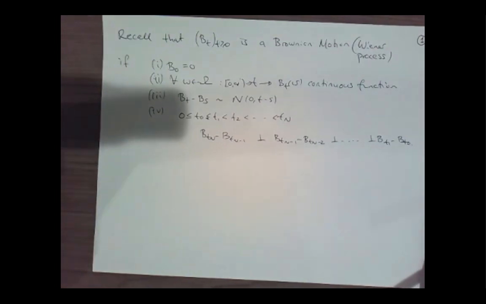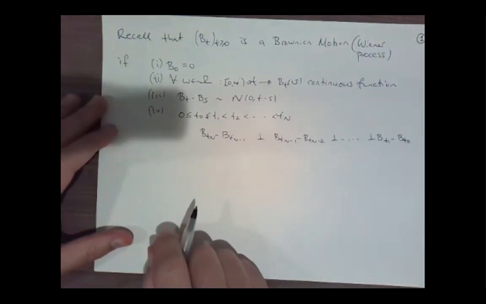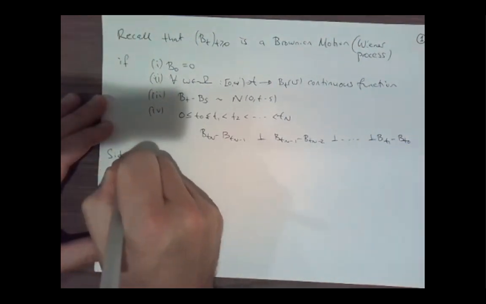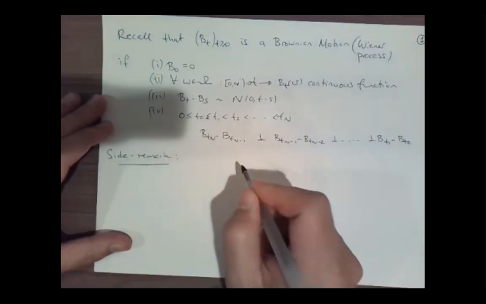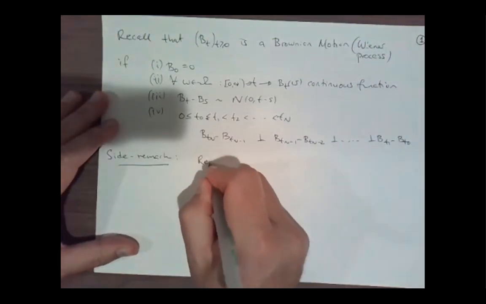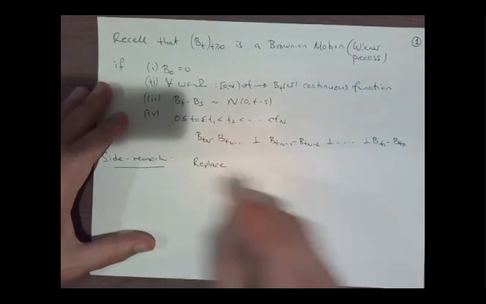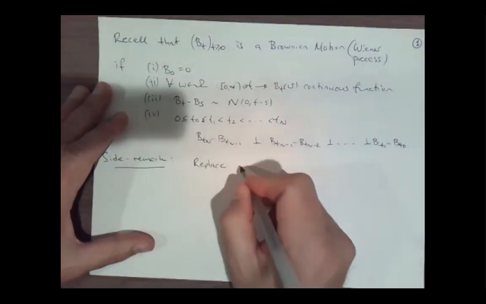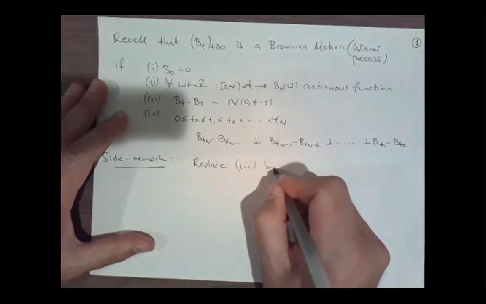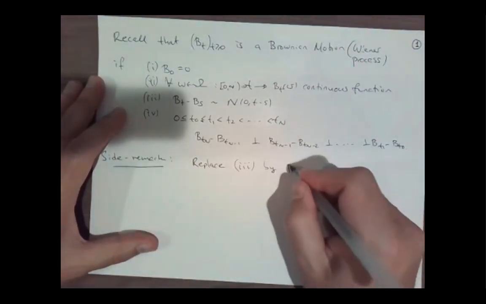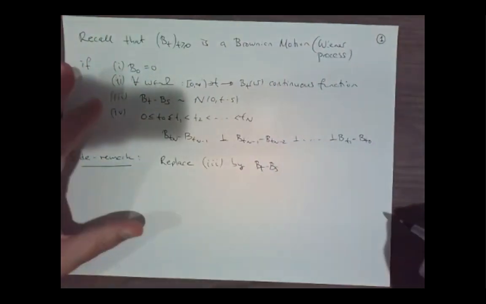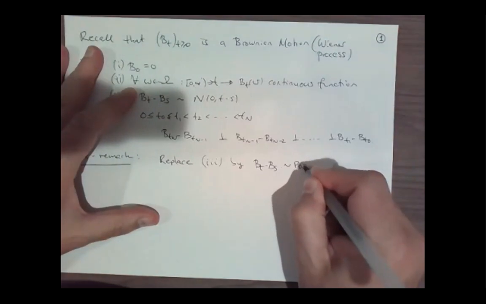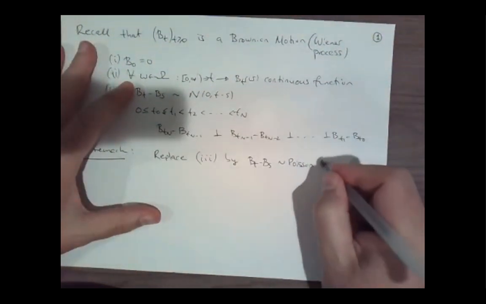Maybe it's just a side remark: you could replace property 3 by saying that Bt minus Bs would be Poisson distributed with some parameter lambda.